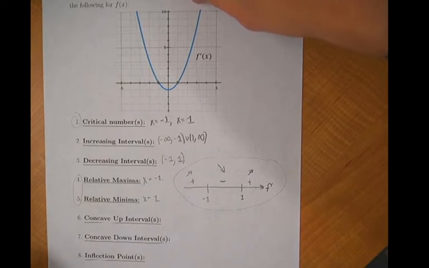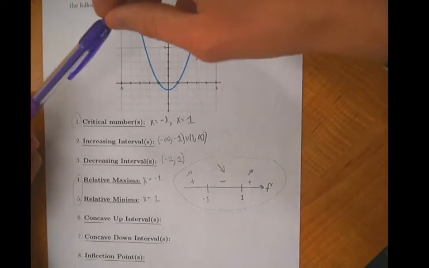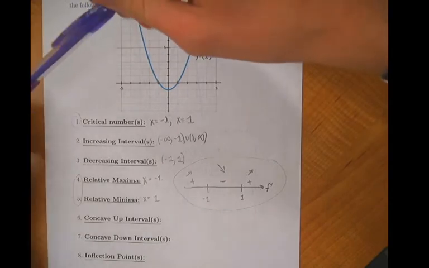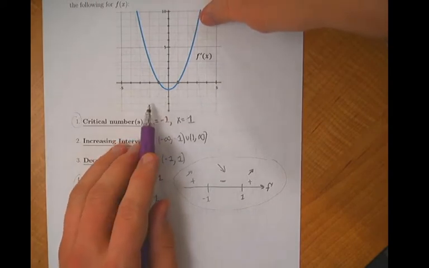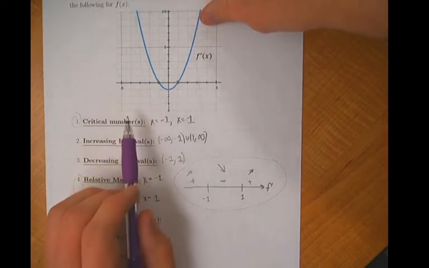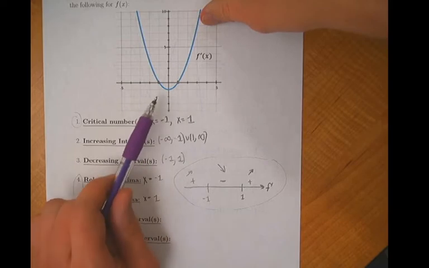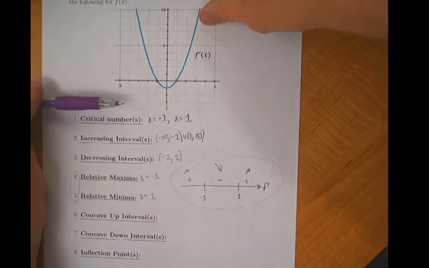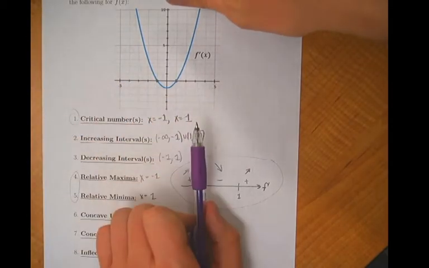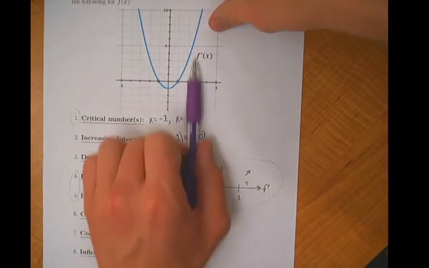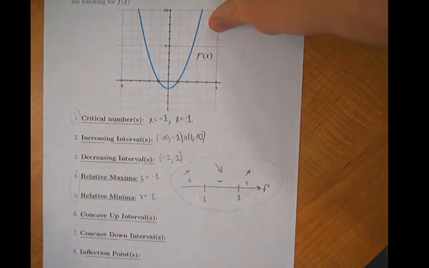Remember, if a graph is increasing, that means that as x goes to the right along the x-axis, the graph should be going up as well. So when do we have concave up?